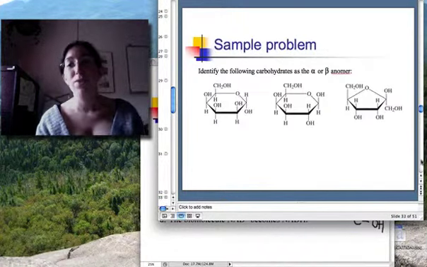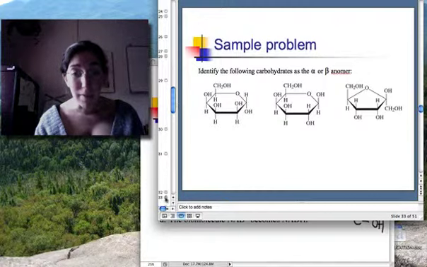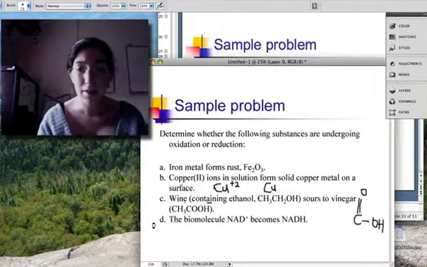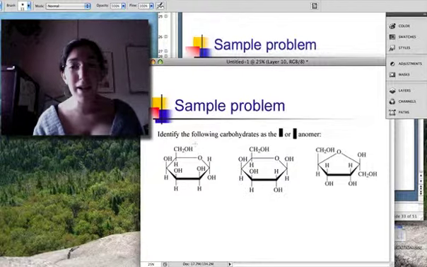So let's do some practice problems. Let's determine whether the following carbohydrates are alpha or beta monomers. This should say alpha or beta. So we're always comparing this carbon up here with the anomeric alcohol group.